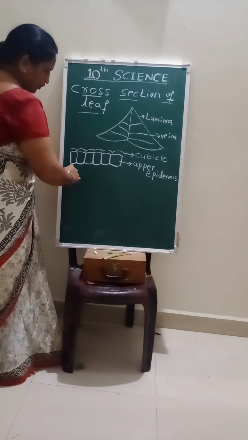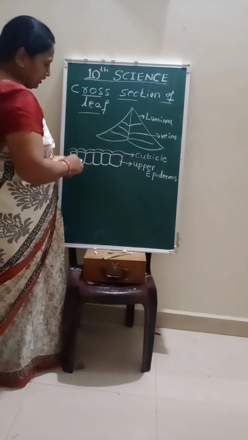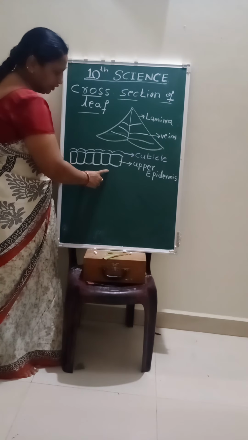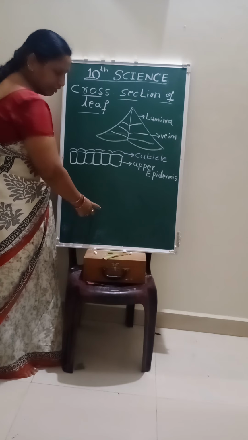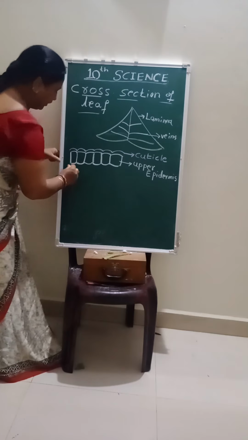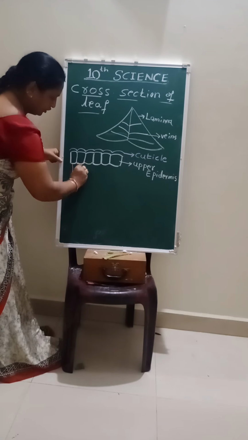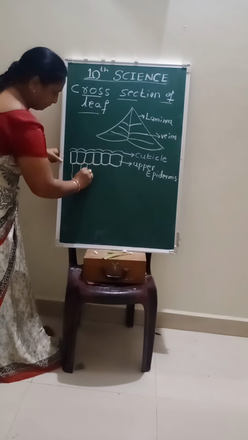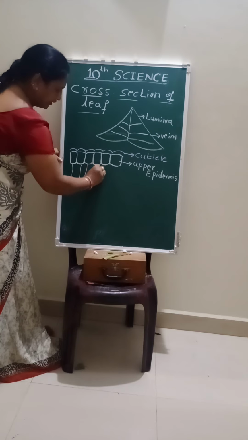And so there are many cells, that is the palisade tissues, mesophyll tissues, parenchyma. There are many tissues that are present here. So total together we are drawing the mesophyll tissues like this. Draw like this.